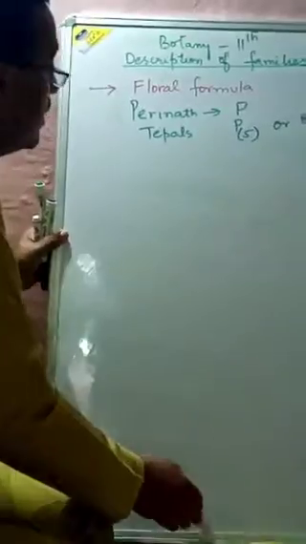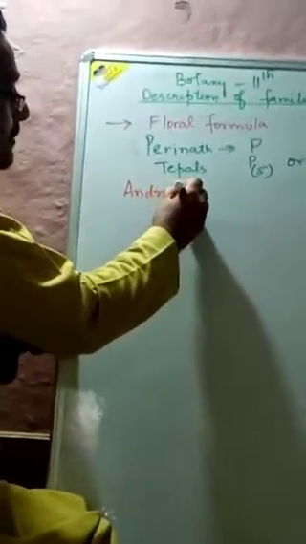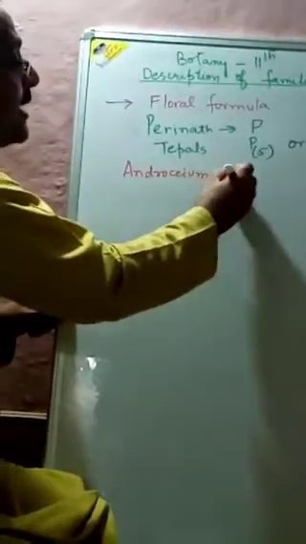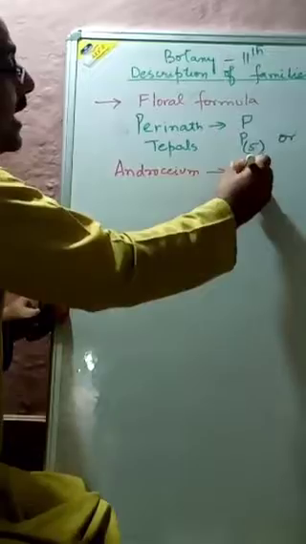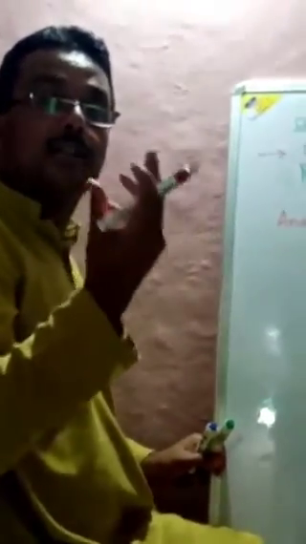Now androecium, that is the male reproductive organ. It is written as A. Same procedure, number of stamens, how many stamens there are, whether it is 1, 2, 3, 4.